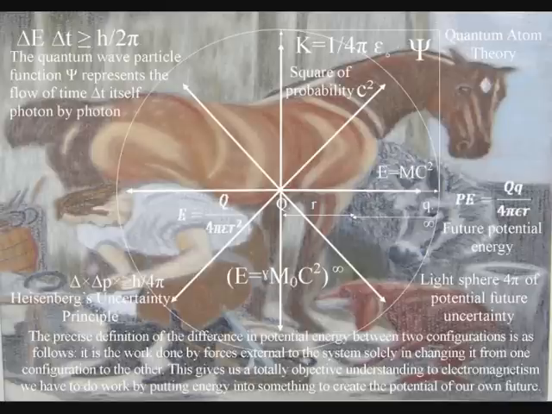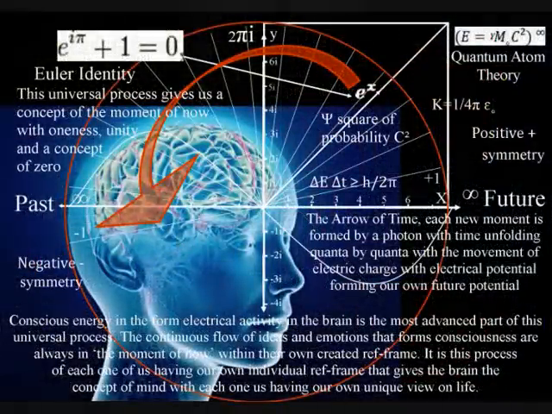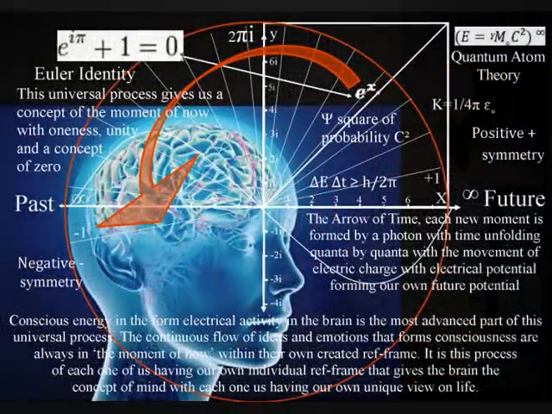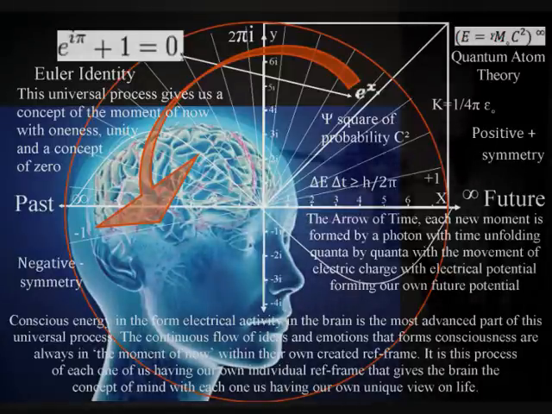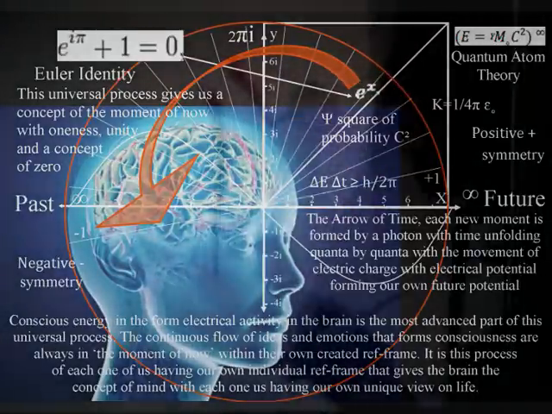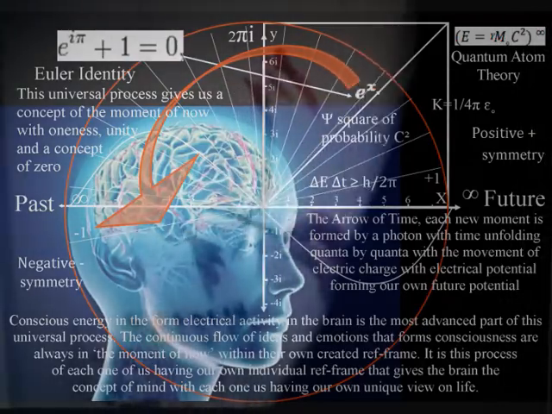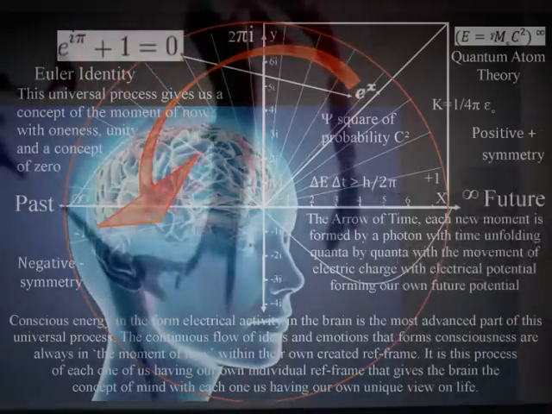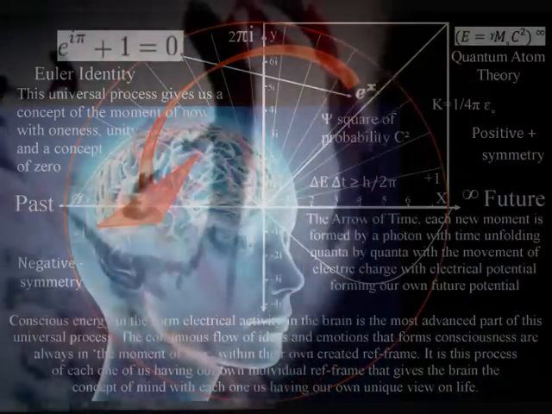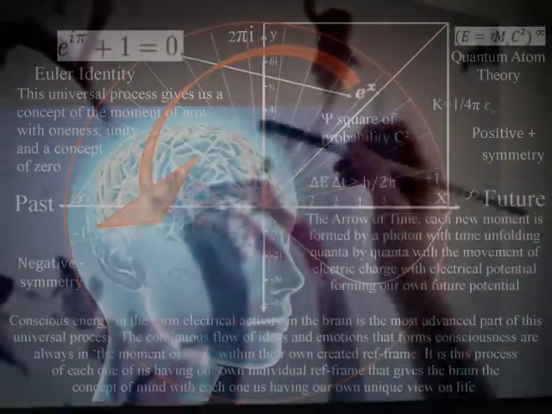Therefore, electrical activity in the brain can be seen as the most advanced part of this universal process. Therefore, conscious thought is always in the moment of now, with a continuous stream of thoughts and ideas that can comprehend this process as time, as an interactive process of continuous creation, with a potential future infinity of possibilities.